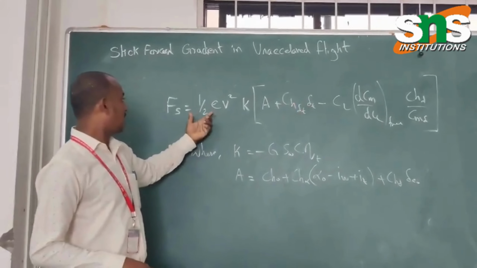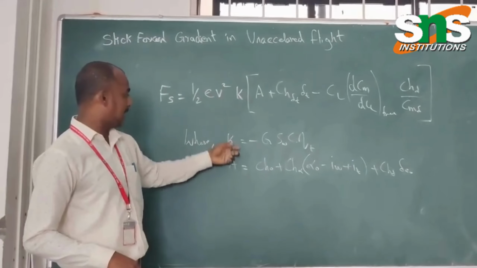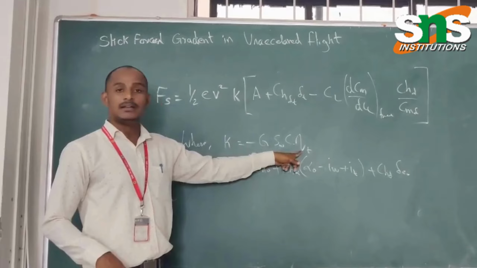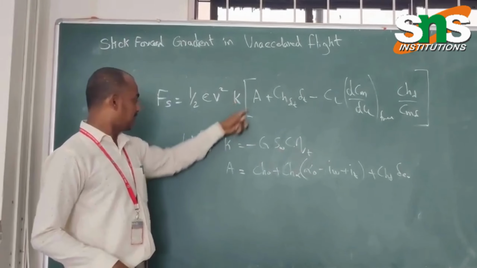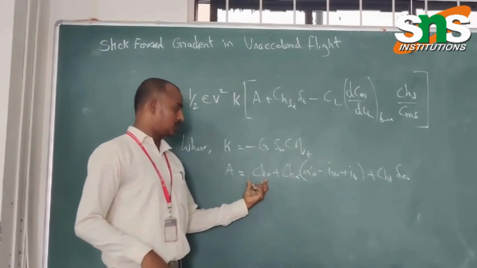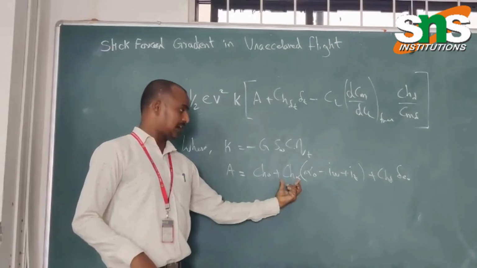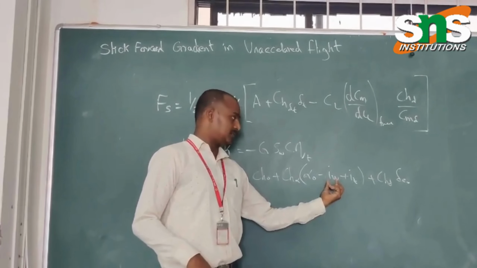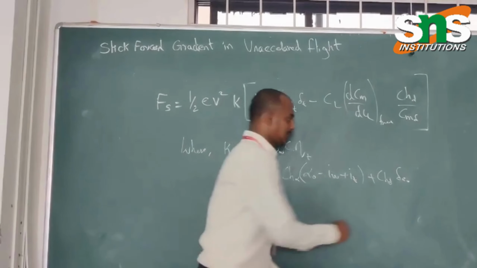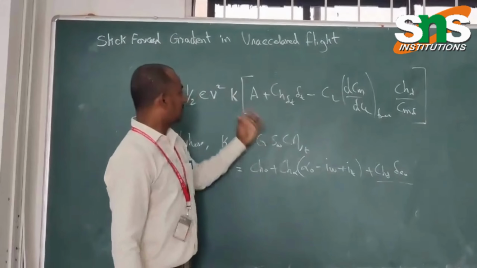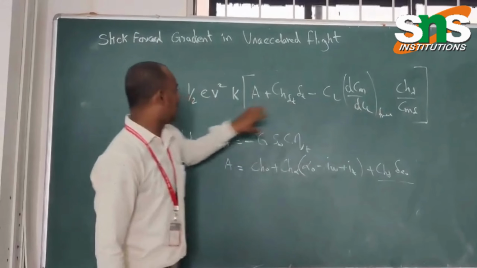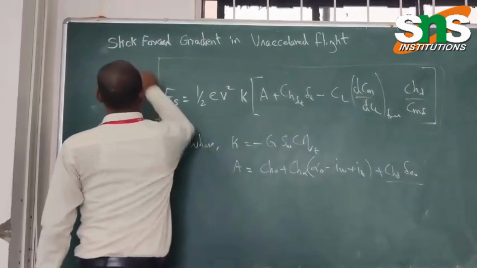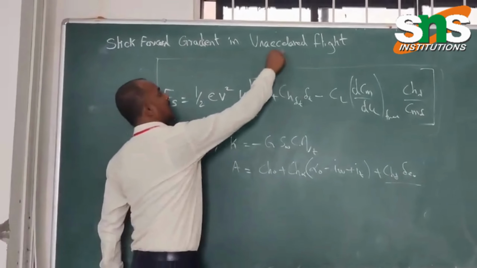We get half rho V squared, K, where S is the gearing force, surface area, chord length, into tail efficiency, and K_alpha is the coefficient with respect to the angle of attack. This is the zero angle of attack, wing incidence, tail incidence, and this is the deflection of elevator. All of these are incorporated here and we get the final stick force gradient equation for unaccelerated flight.